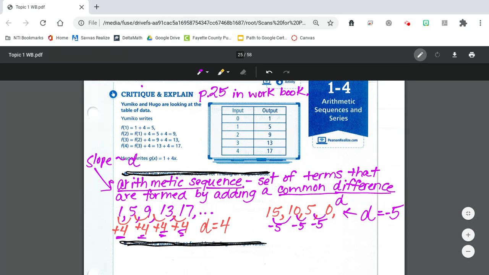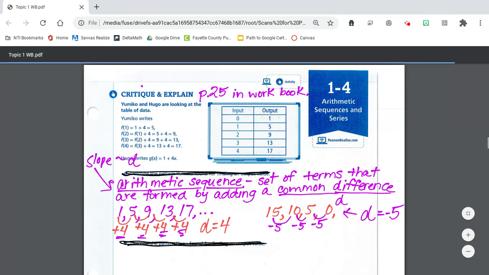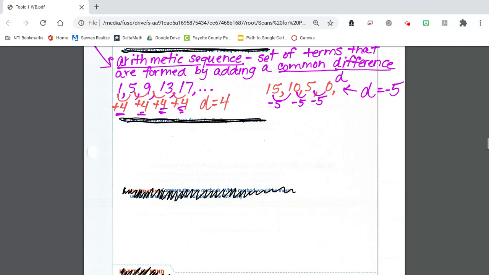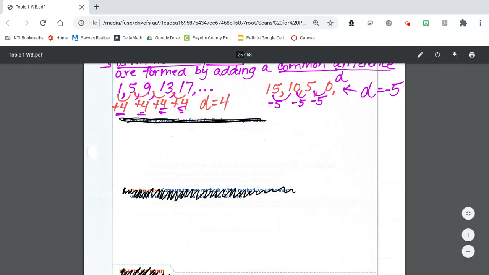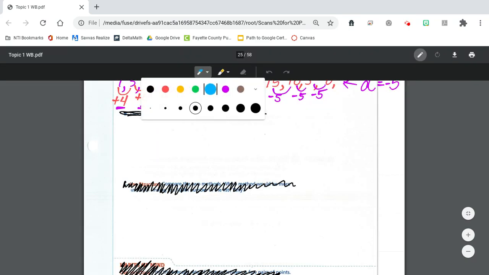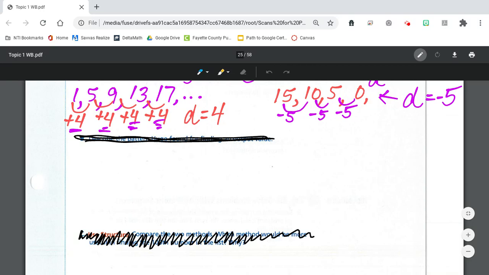Okay, another thing you'll need to know before we start doing a couple examples, there are 2 formulas for how you can get the terms in an arithmetic sequence. So our first formula is called the recursive definition or the recursive formula. And it looks like this.